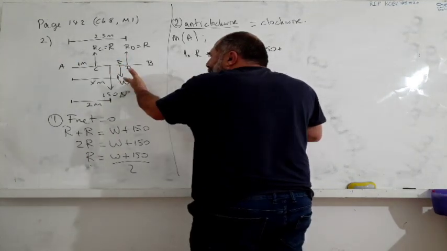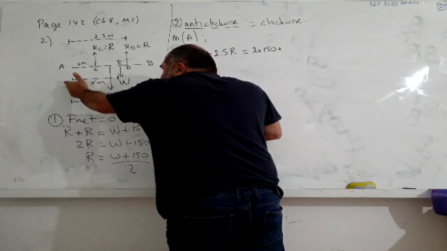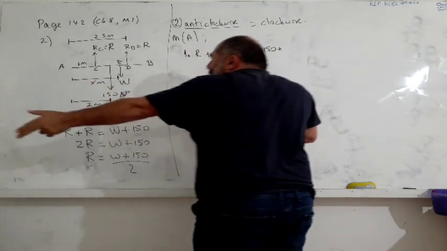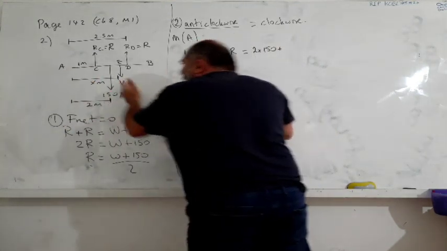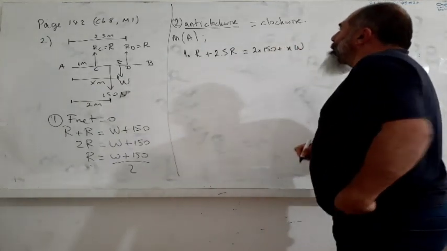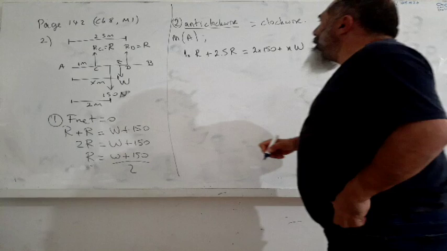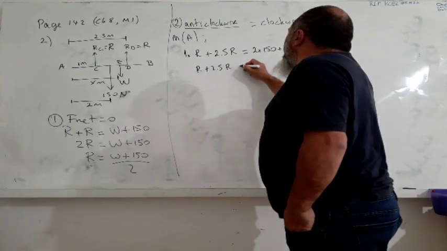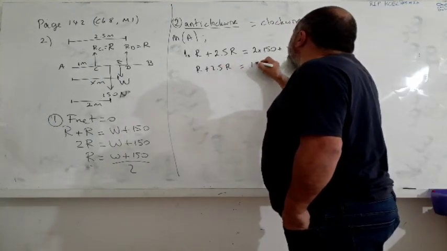So x times W. Now we have R plus 2.5R, which is equal to 300, since 2 times 150 is 300, plus xW.